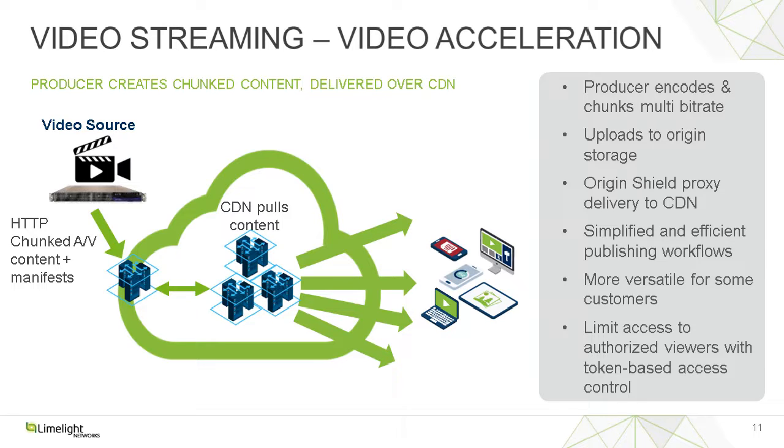So this may be more versatile for some customers, but it does require a little bit more technical know-how, as you have to set up the encoder, you have to set up the origin, and efficiently connect all that stuff up to the CDN. You are still able to use all those fun CDN products like the Media Vault and geo-blocking and everything that you would want because it's being delivered over HTTP.